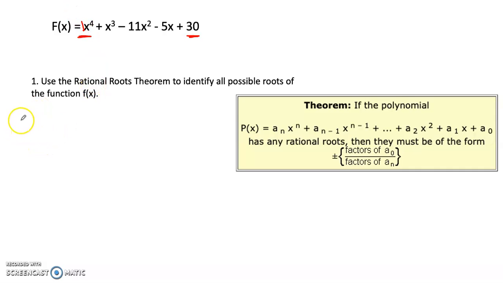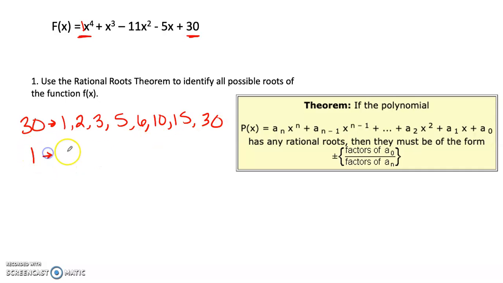So let's list out all the factors of 30. We have 1, 2, 3, 5, 6, 10, 15, and 30. All the factors of 1, just 1.